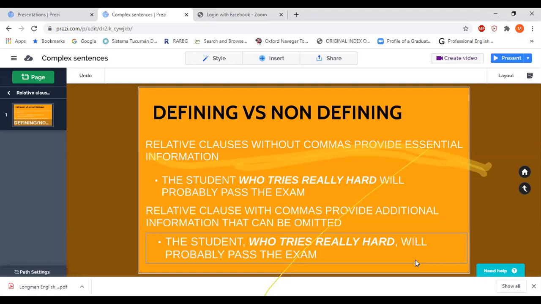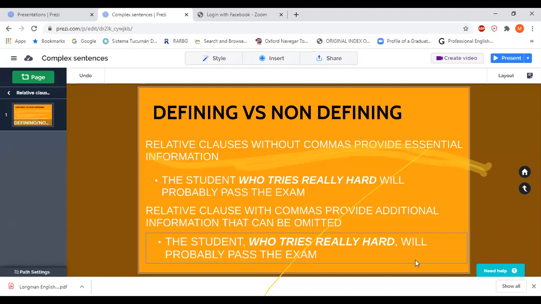The meaning in this sentence is very different because in this case, we're talking about a specific student, okay? And we are saying that the core meaning of this sentence is that this student is very likely to pass the exam, okay? As an additional piece of information, we are adding that he or she tries really hard.